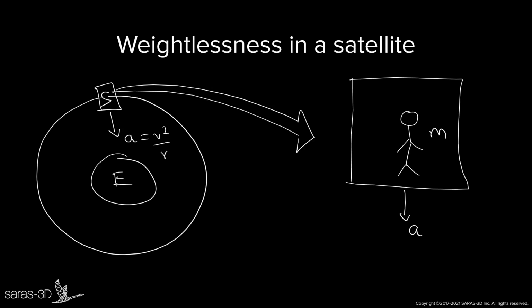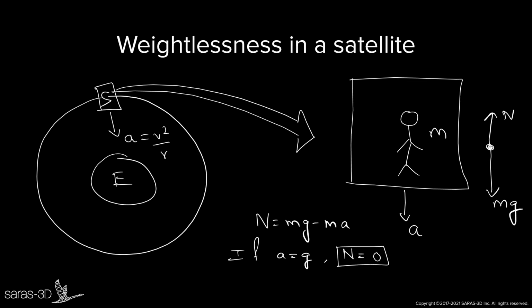Now if a person of mass m is placed in the satellite and the centripetal acceleration is a, directed towards the Earth, this person feels weight because of a normal reaction, and the normal reaction in the general case is mg minus ma, and because of this he feels his own weight.